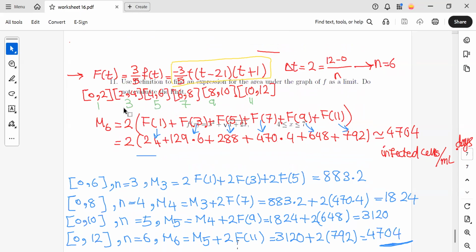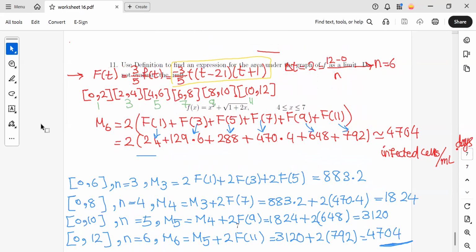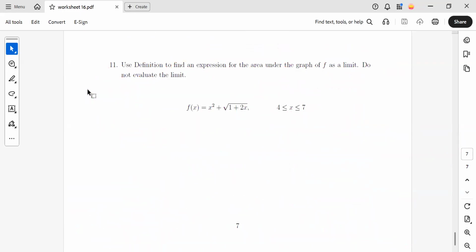Okay, and the last one, which is number 11 here, is about using the definition to find an expression for the area under the graph of f as a limit. Do not evaluate the limit. So we're going to use just the limit. First of all, delta x. What is delta x? Here, it is between 4 and 7.